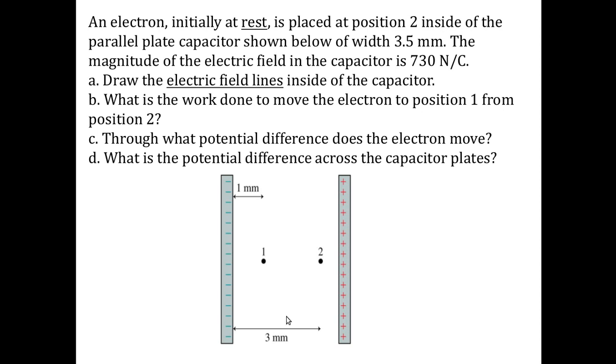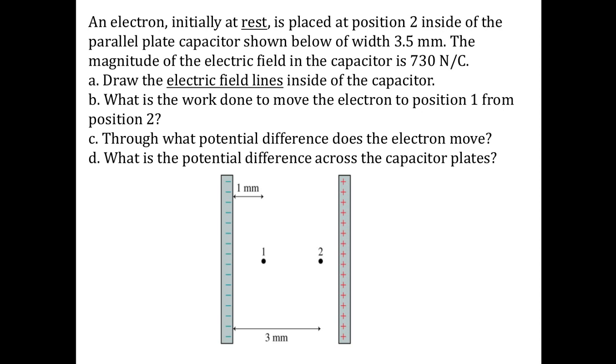What this means is the negative sign tells me that this is the work being done by the plates. This is kind of like going back to our gravity analogy. If I pick something up off of the ground, I'm doing positive work because I'm applying a force in the direction of the displacement. The displacement is in the positive y direction, and my force is in the positive y direction.